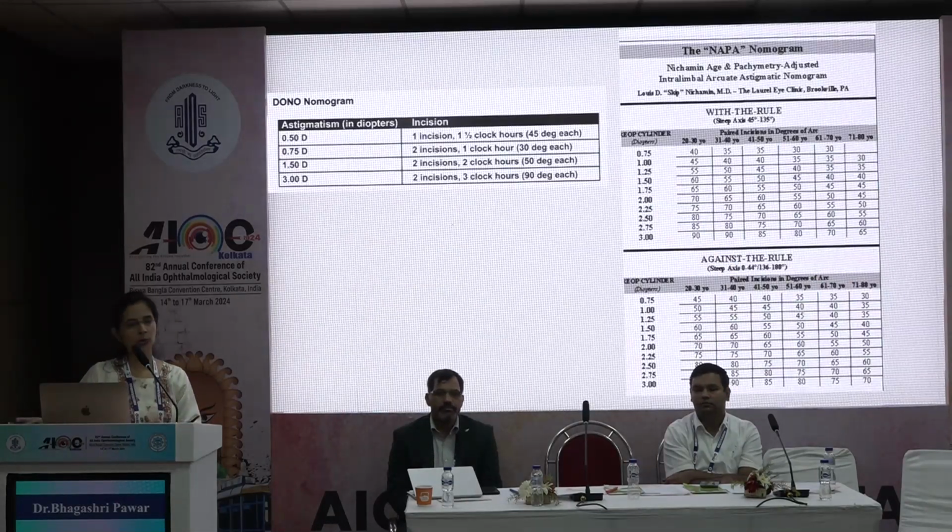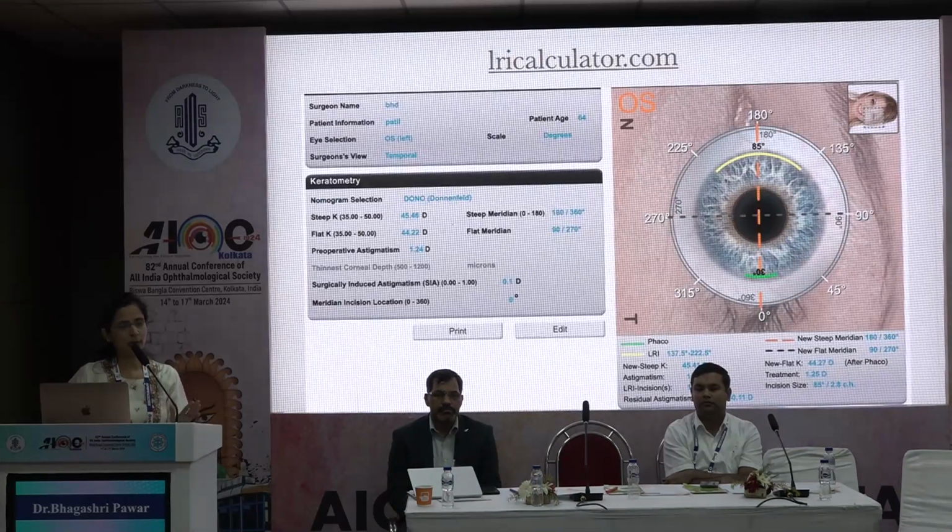These are the 2 nomograms: Donnenfeld and Dono, or Nichamin age or Pachy adjusted, or NAPA nomogram. These are very important nomograms for a surgeon, but what I do nowadays is go to an LRI calculator, put in the data, and the site gives me a pictorial depiction of LRI incisions. Just to compare the 2 nomograms, the Dono nomogram does not allow you to overlap the LRI incision with the phaco incision.